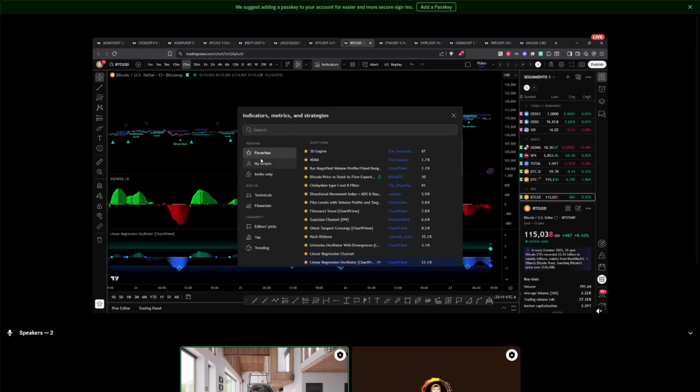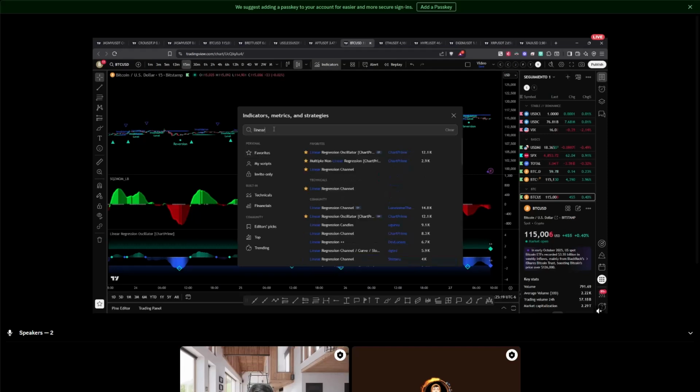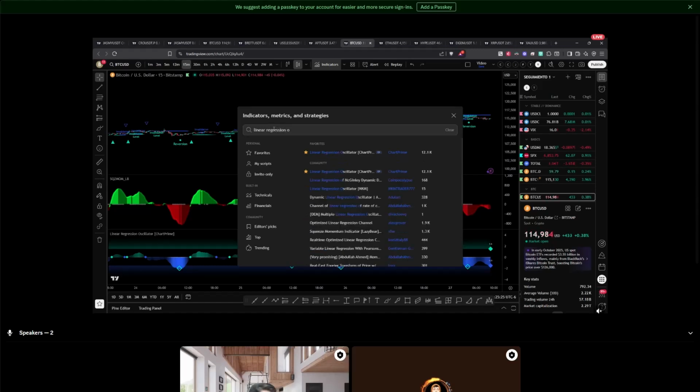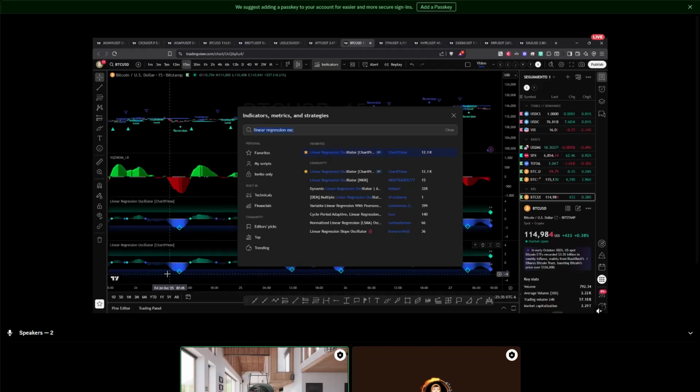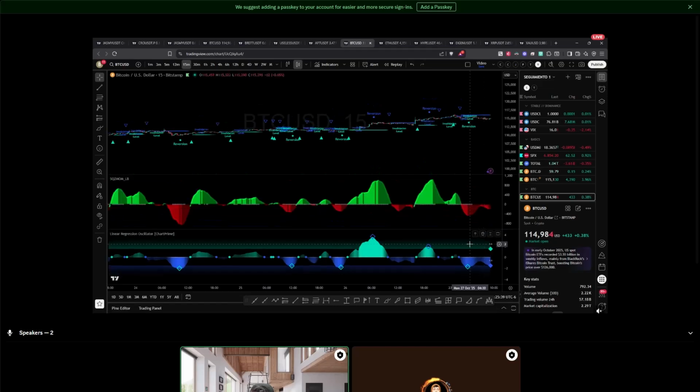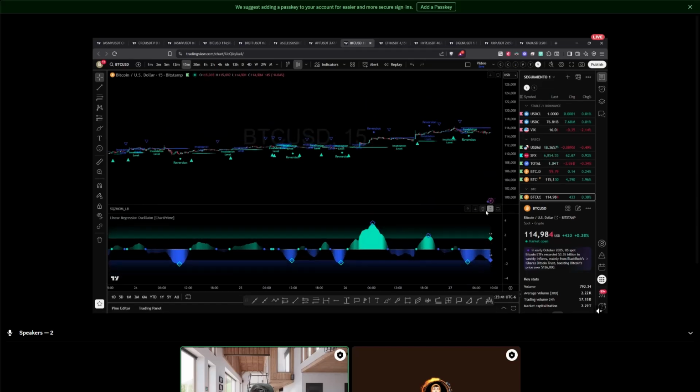By the way, it should be on your favorites, but if you cannot find it, you just search linear regression, and then oscillator. There we go. And this is the one by Chart Prime. So far, 12.1K. Just click it once and it's going to appear all the way down there. So let me just remove one of those and let's maximize this.